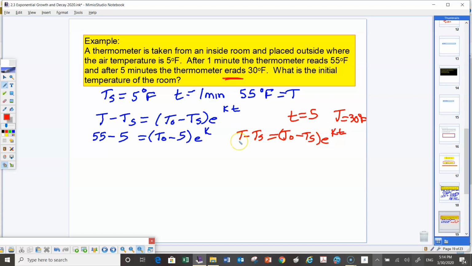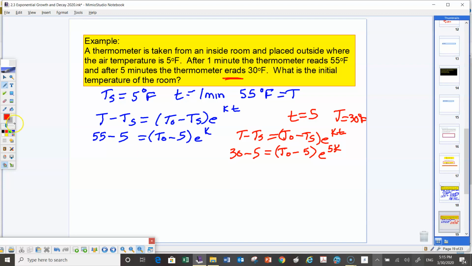Okay, we know the temperature now is 30 minus the temperature of the surroundings is 5 is equal to To minus 5, and this is going to be e raised to the time is 5 minutes, so it's going to be 5k.